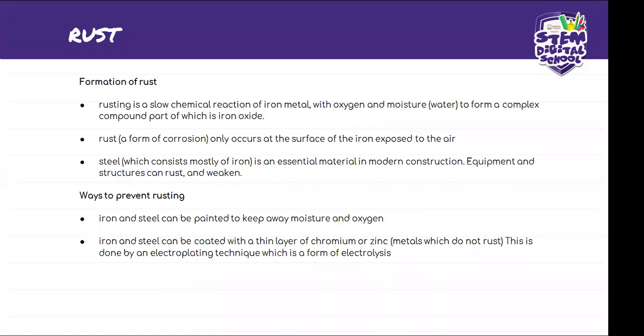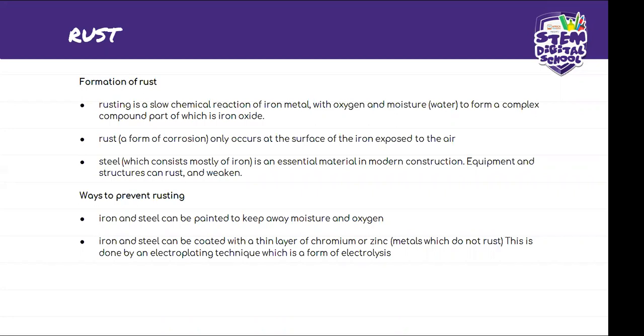So when you paint, you are keeping away the moisture and oxygen from interacting with what? The iron and steel. Iron and steel can also be coated with a thin layer of chromium or zinc. So these metals do not rust. And this is done by an electroplating technique, which is a form of electrolysis. So what is electroplating?